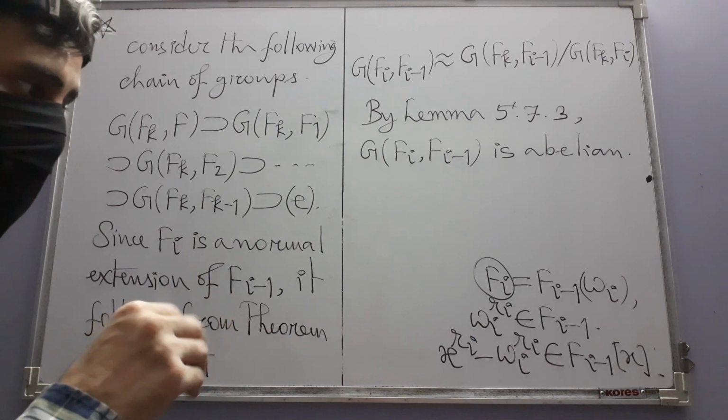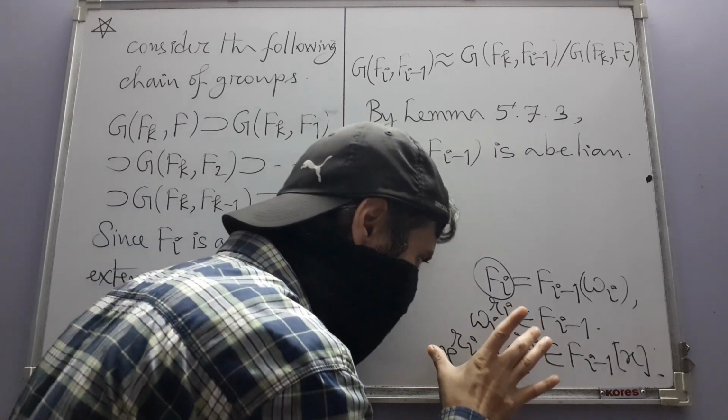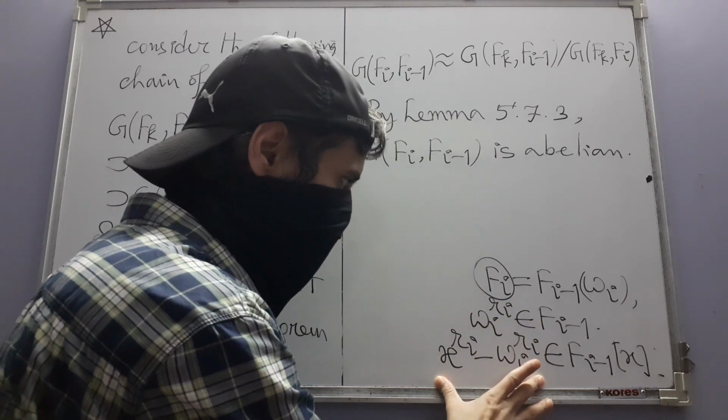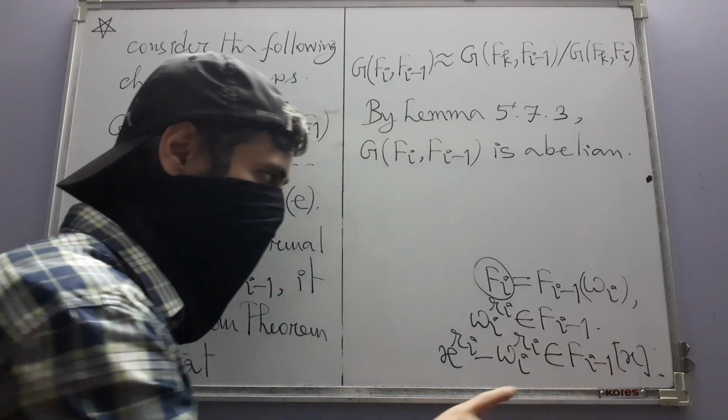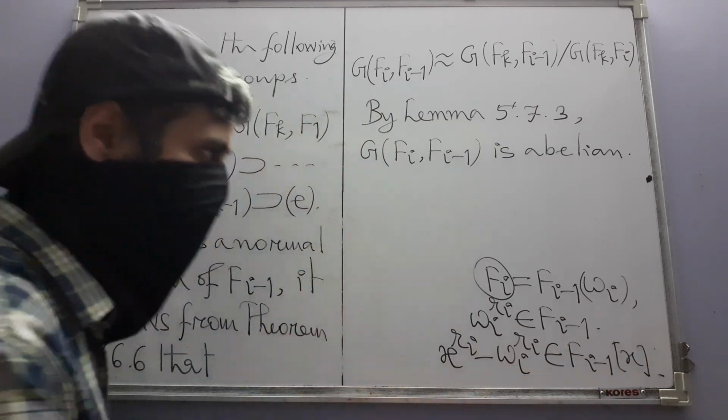So, from the second part, the Galois group of this polynomial over Fi minus 1 has to be abelian.